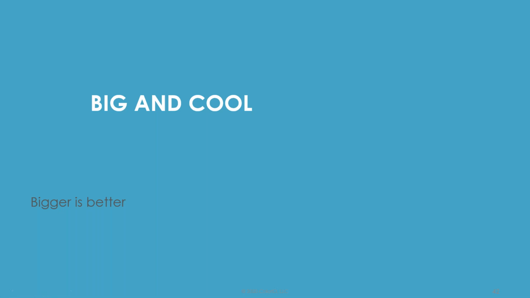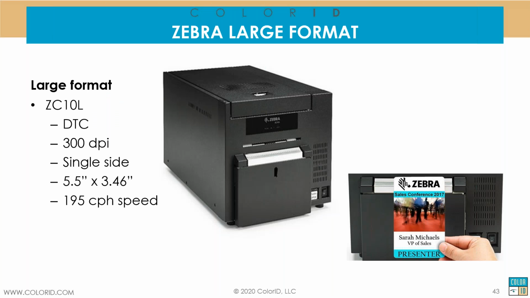And moving beyond desktop ID printers, Zebra introduced a large format printer which prints cards 5.5 by 3.5 inches, so much larger than a CR80 card. The goal here is to print conference badges, event credentials, things people wear around their necks and can be seen from a distance.